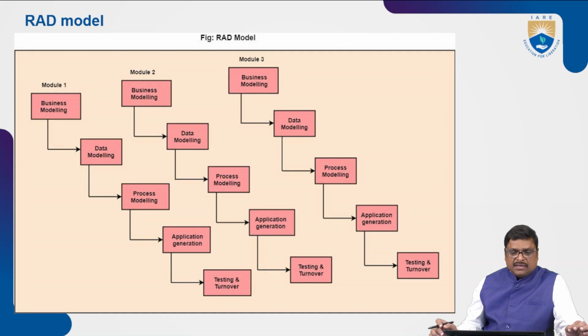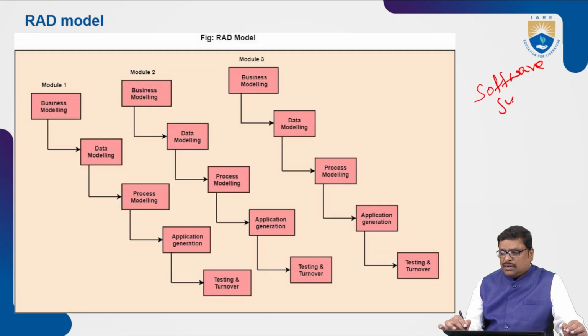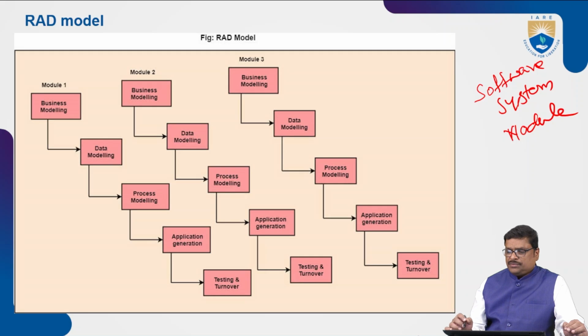As I was mentioning in previous sessions on process models, any software system is not built in a single module. So we have to divide the software system into different modules: module 1, module 2, module 3.